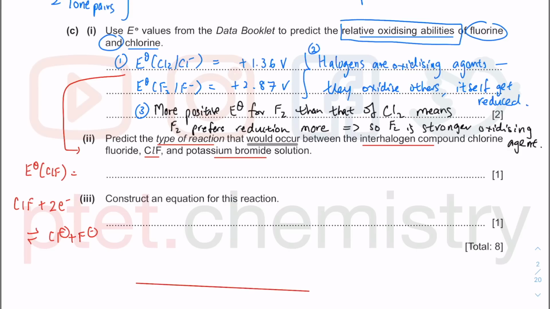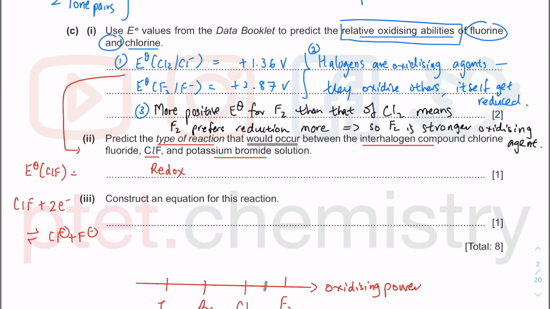If you imagine the oxidizing power of the halogens from AS chemistry, fluorine, chlorine, bromine, iodine, bromine is below chlorine, so these two are stronger oxidizing agents than bromine. An interhalogen like FCl, somewhere intermediate, is still a stronger oxidizing agent than that. So obviously you will get a redox reaction where you oxidize bromide to bromine, and this particular ClF will undergo reduction.